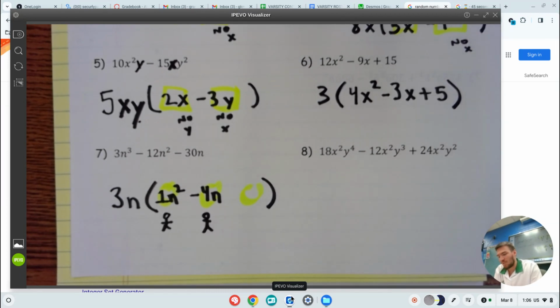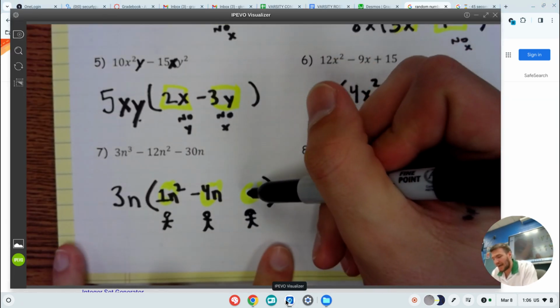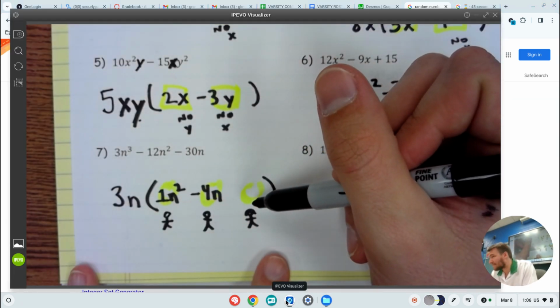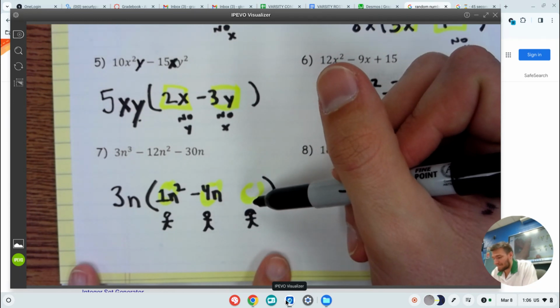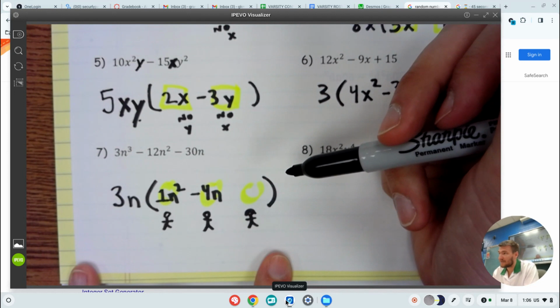The last one, can you tell me this person, number 6? Devin, you got this, man. What do you got in this last spot? So we got to do 30 divided by 3, right?